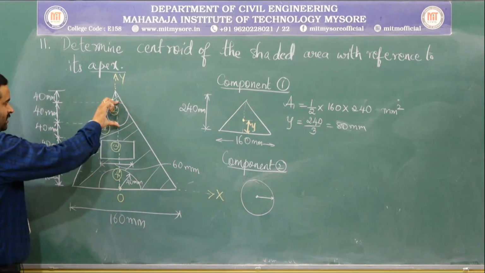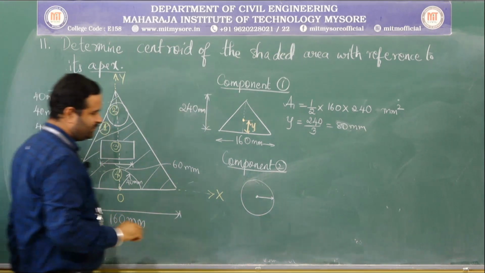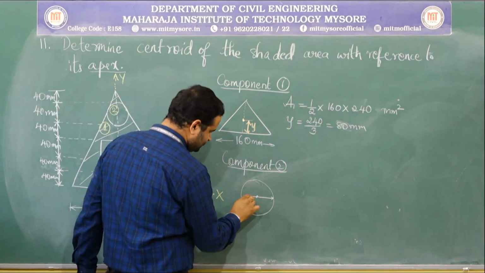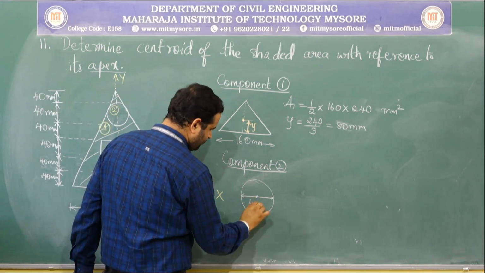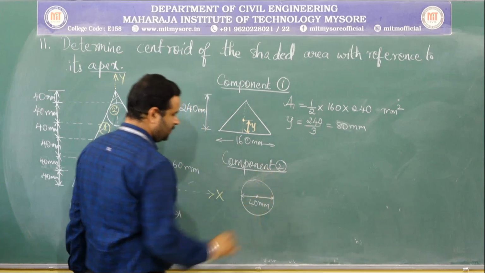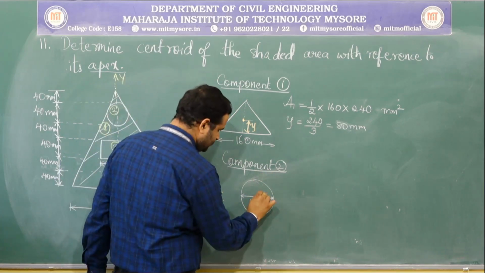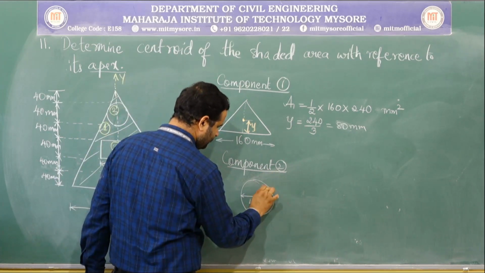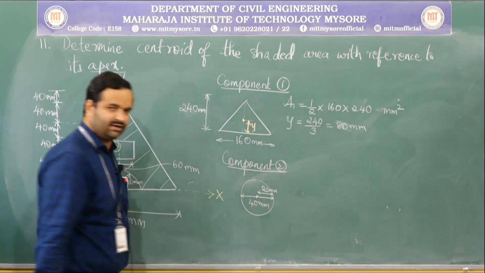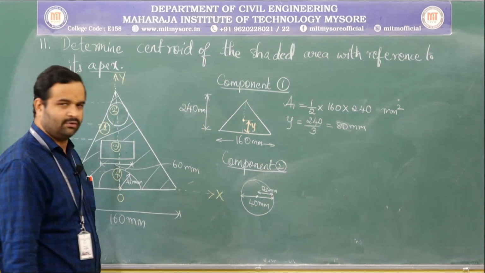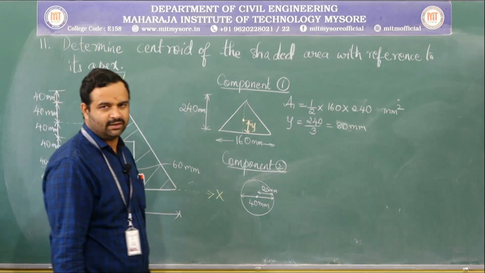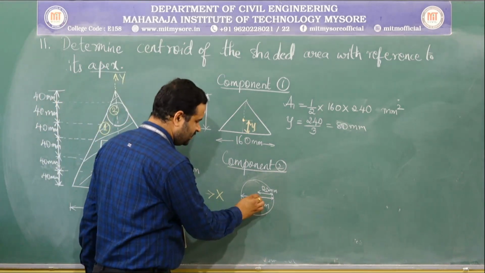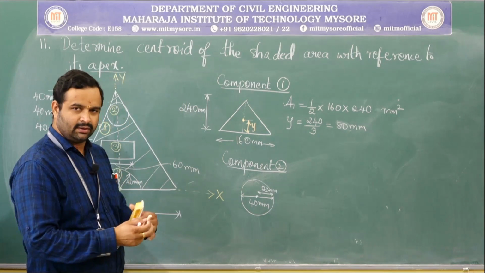If you observe clearly, the diameter of this circle is given as 40 mm. But what about the radius? The radius will be 20 mm, half of it. So, where do you locate the center of a circle? It is located exactly at the center.